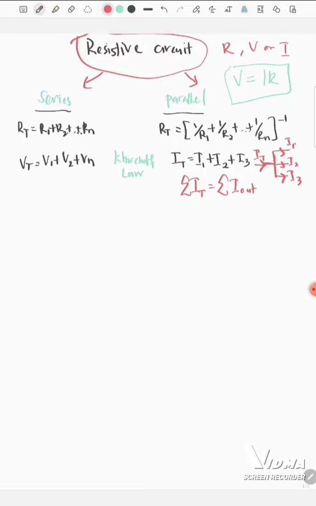Okay, for voltage Kirchhoff law, we can say that the total of voltage in a closed loop is equal to VT. Okay, let's say you have something like this. Sorry, it should be smaller.